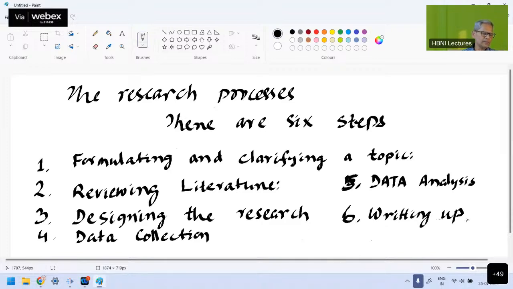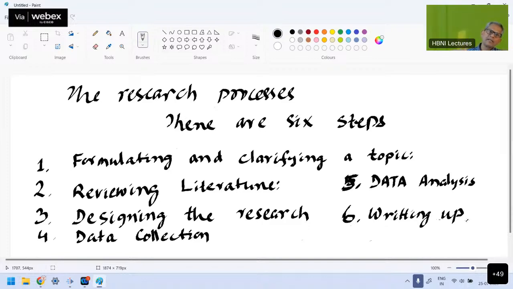Of course, writing must follow a certain structure, and for this you have to follow templates available for various journals. Suppose you want to publish in a journal, then you have to follow their template. Or suppose you want to write your thesis, then your university will have its own template, and you have to follow it.